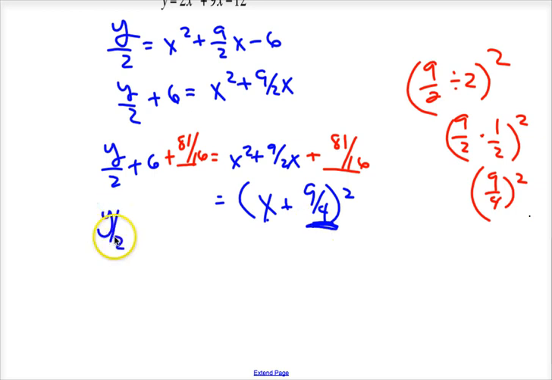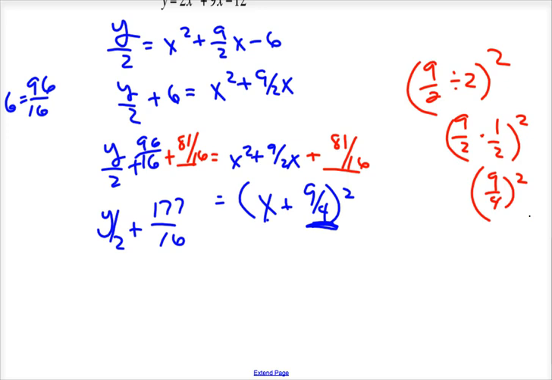Simplifying the left, we get y over 2 plus, well, 6 plus 81/16. 6 is what over 16? 6 times 16 is 96. So this turns into 96/16. If I add those, I get 177/16.